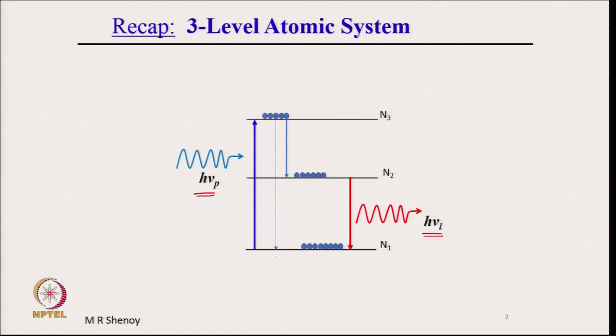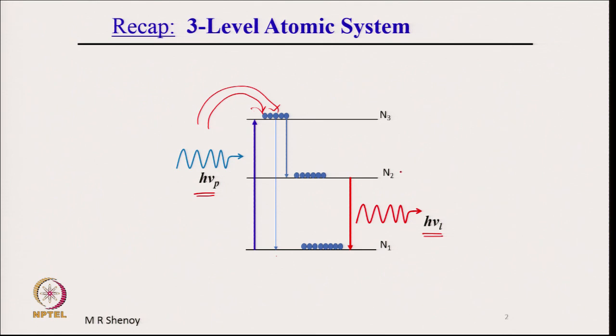So, what we have discussed is that it is possible to have population inversion if we pump sufficiently fast to the upper level, and if the atoms come down rapidly to level 2 and then get stuck or wait there for a longer time.